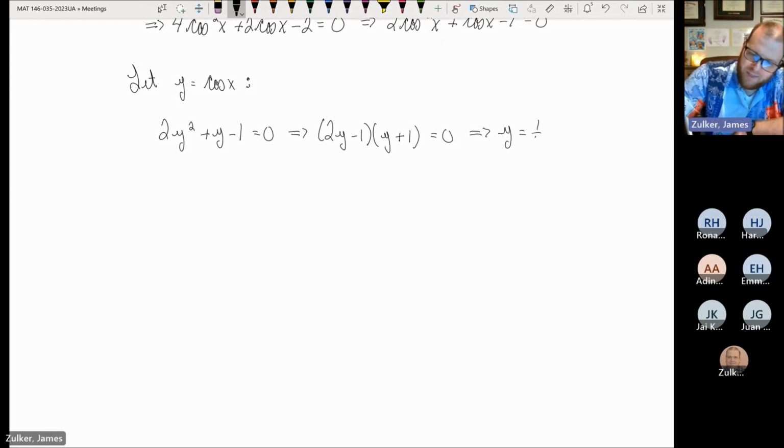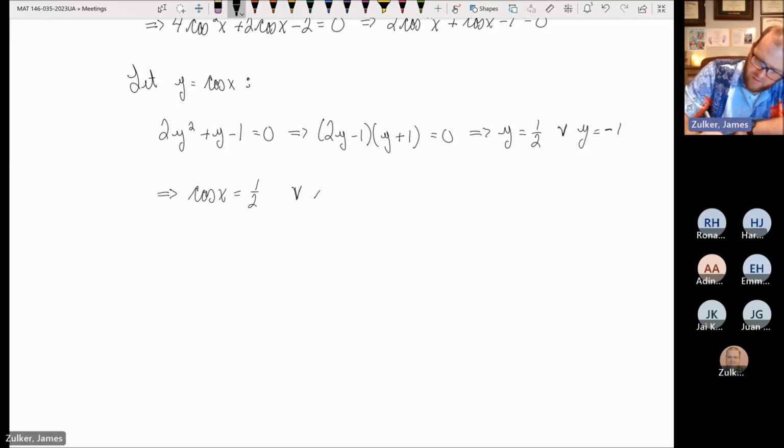We wind up with y being either a half or y being -1. So cosine is going to be a half or -1.